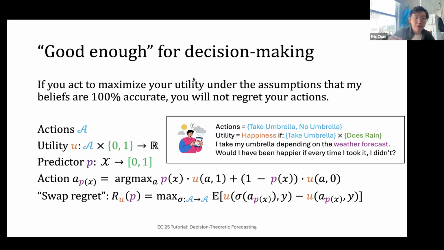So maybe I map the action of taking an umbrella to not taking an umbrella. Then I can measure how much my utility would have increased. I'll give you a little bit of time to stare at this, but this difference within the expectation is the gain in utility that I would have realized if in hindsight I wanted to swap my actions around.